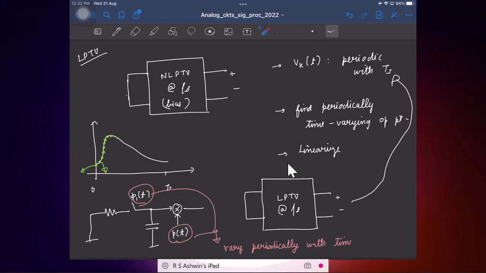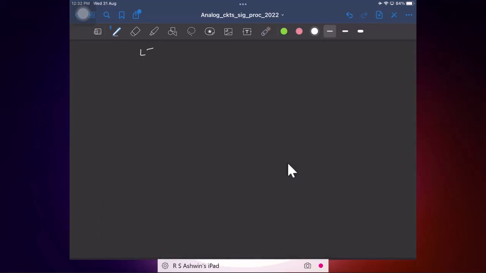So for LPTV, even though the circuit is linear, you need to find how this linear circuit is varying periodically with time. Let's draw the difference between LTI and LPTV. For the LTI circuits, the moment you have the circuit, I can form the G matrix and say G times E is I_N, and of course your input can be time varying and the output will be varying, right?